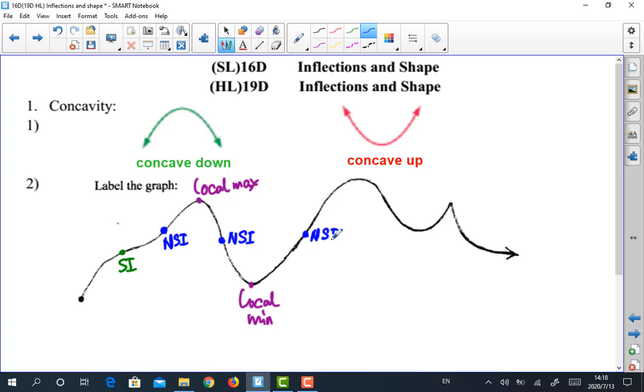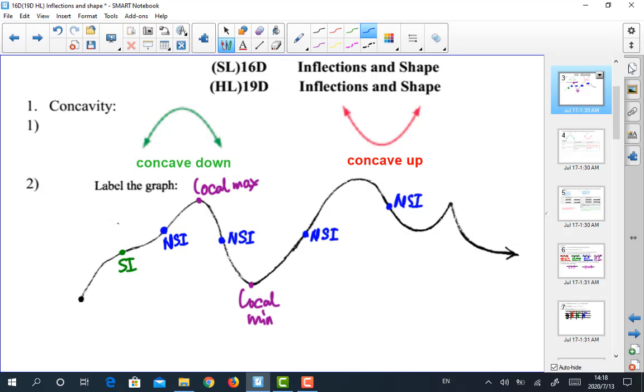Both the stationary inflection and the non-stationary inflection can change the concavity of the curve of the function. But how did I know this is a stationary inflection and this is a non-stationary inflection? So here is the evidence.